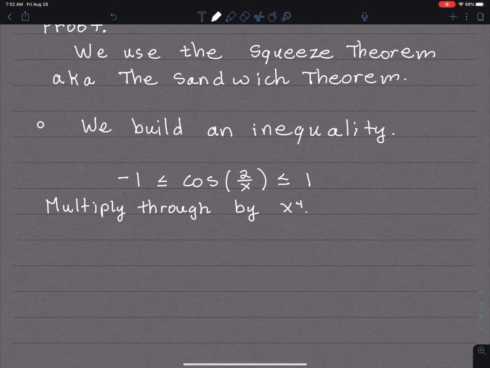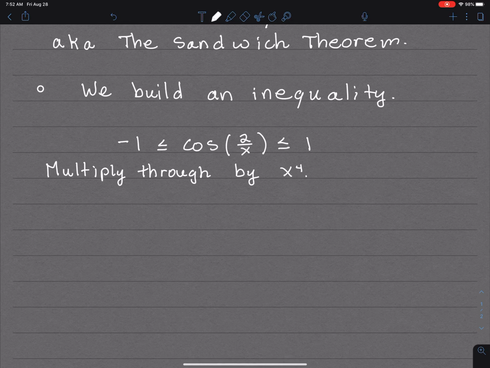But we don't have to deal with that because x to the 4th is never negative. So it's non-negative, and I can just multiply that through without worrying about changing the direction of the inequality. It's a little detail that I could have gotten away with not even mentioning, because if you didn't think about it, you'd still get it right.